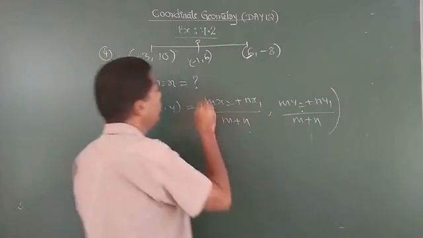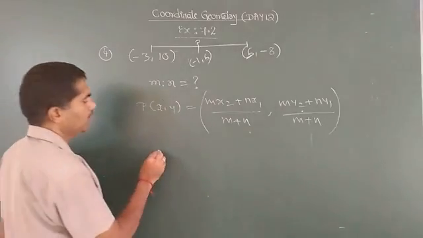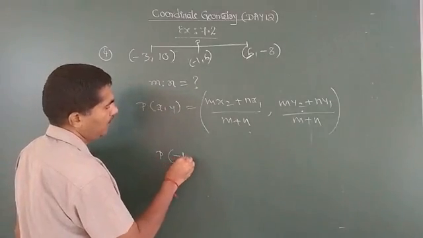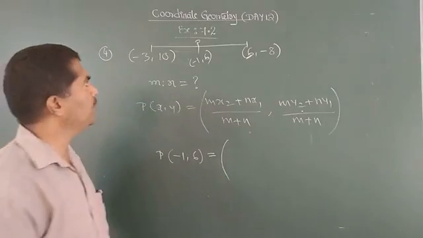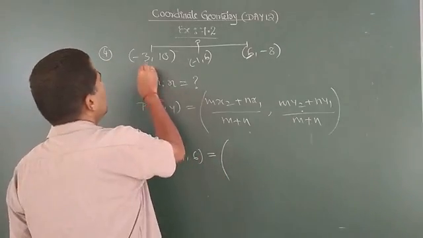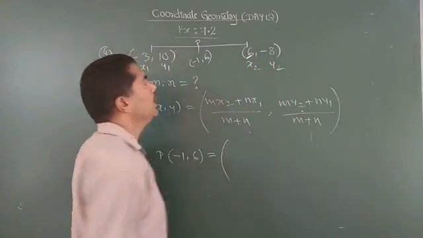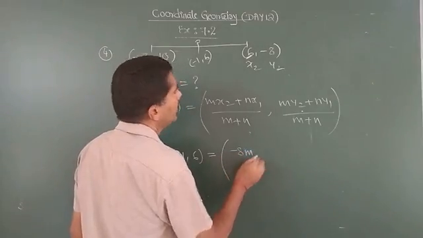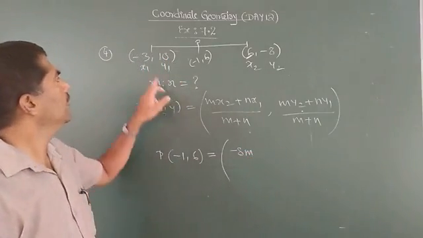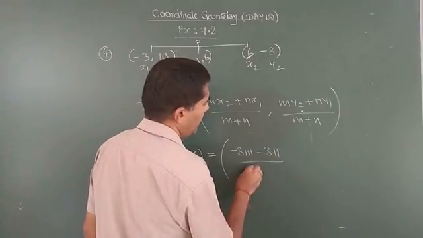Remember, while finding ratio, any one coordinate will do. So that is P(minus 1, 6) equal to m into x2. M is not known. Let us take this as x1, y1 and here as x2, y2. mx2 is 6m, quickly doing. nx1, n is here, minus 3n, divided by m plus n.